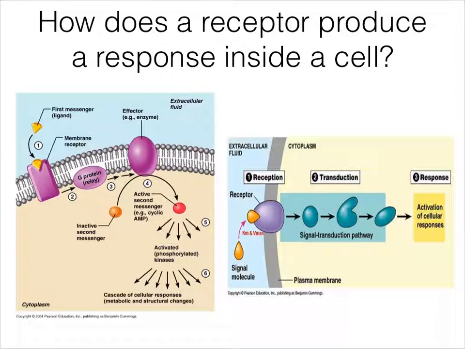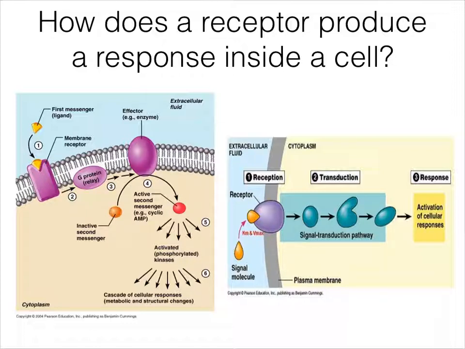So it can make hundreds or thousands of second messengers. So now this one first messenger has been turned into thousands of second messengers. Each of those second messengers is going to bind to a protein. Those proteins are also enzymes, and so they're going to alter potentially tens of thousands of third messengers.